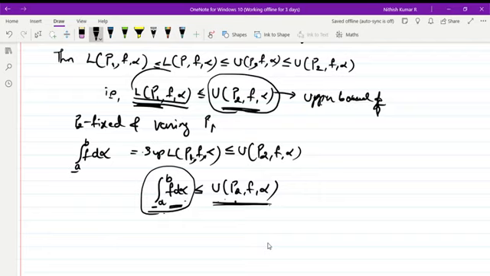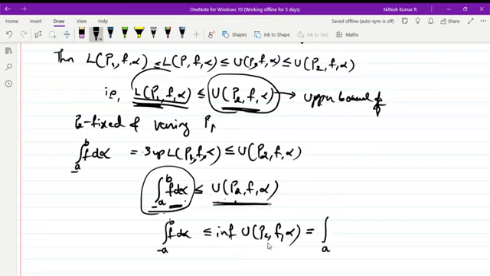Therefore, if I take the infimum of U(P2, f, alpha), the greatest lower bound, this will be greater than or equal to the lower integral of f d alpha. And what is the infimum of U(P2, f, alpha)? It is nothing but the upper Riemann integral from a to b of f d alpha.